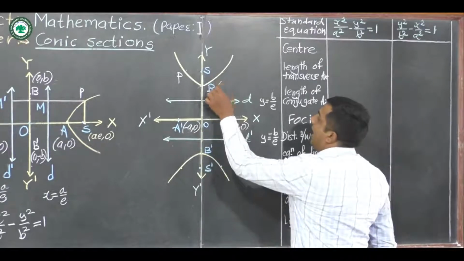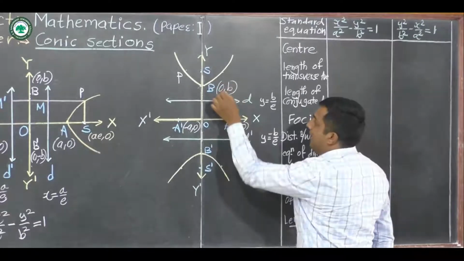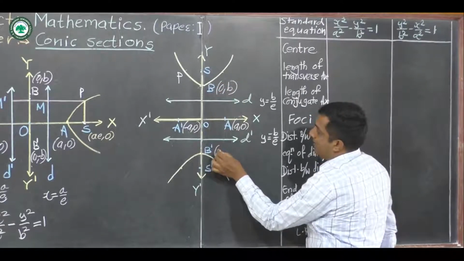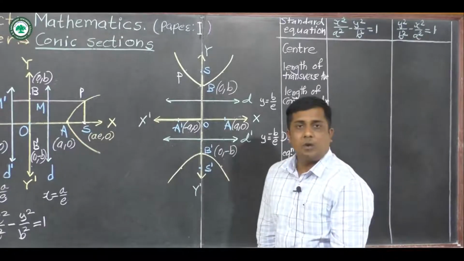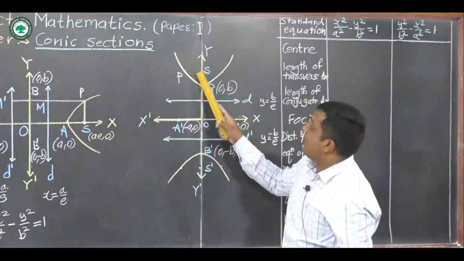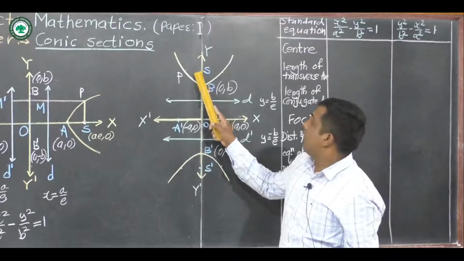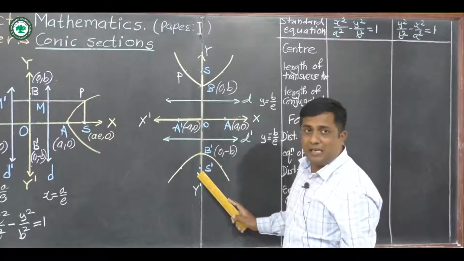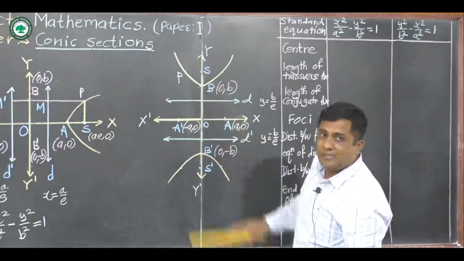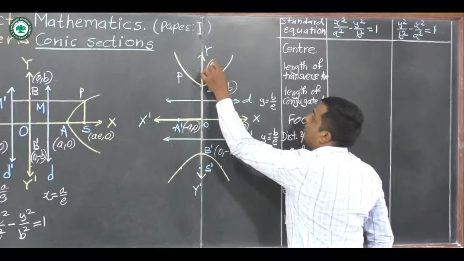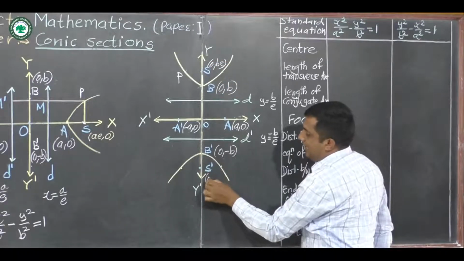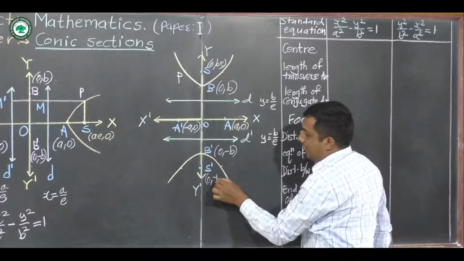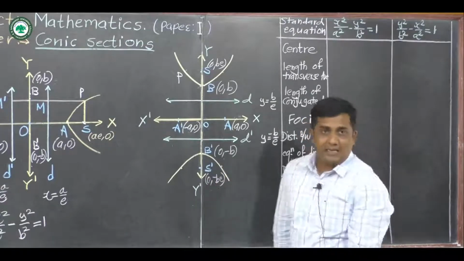The coordinates of B are (0, b) and of B dash are (0, minus b). The foci S and S dash are given. The coordinates of focus S are (0, be) and for S dash it is (0, minus be).